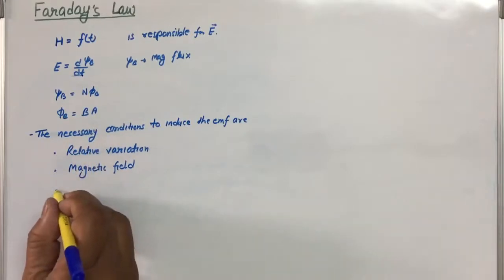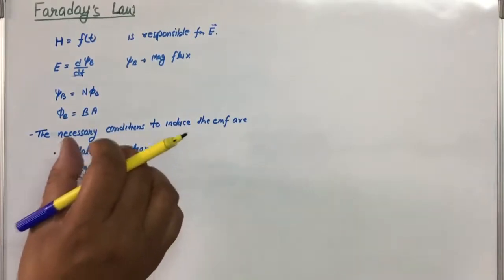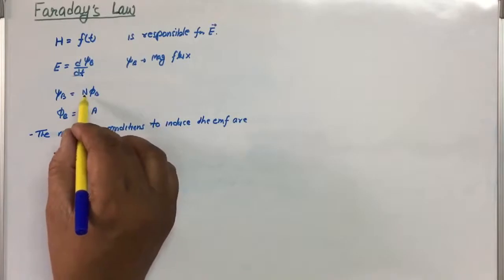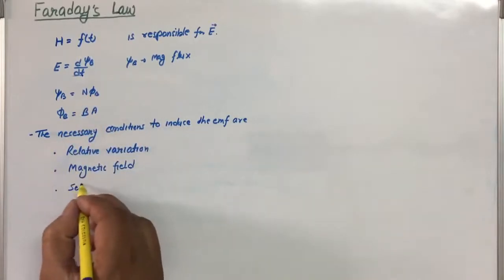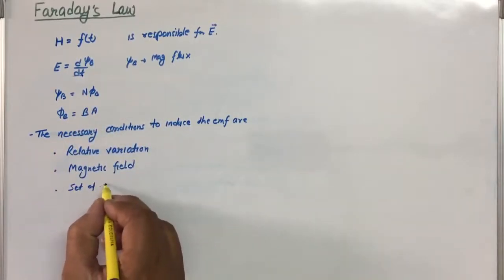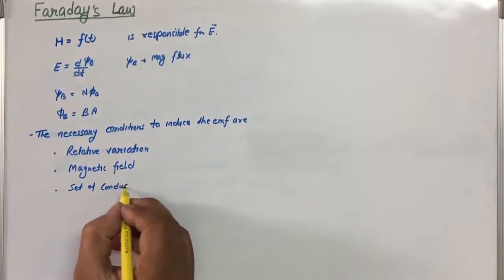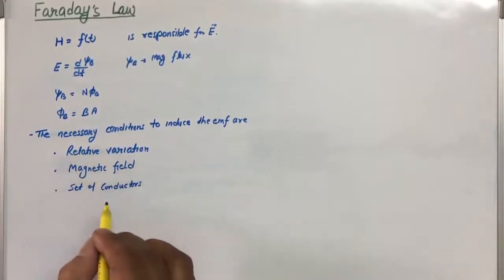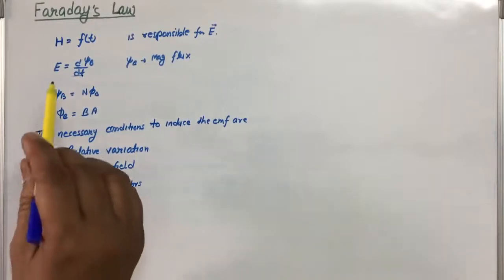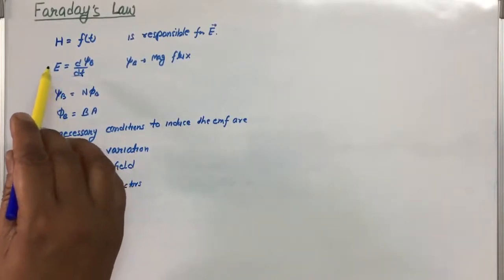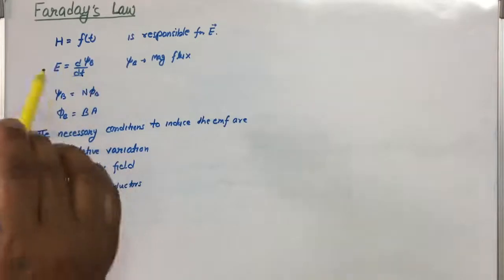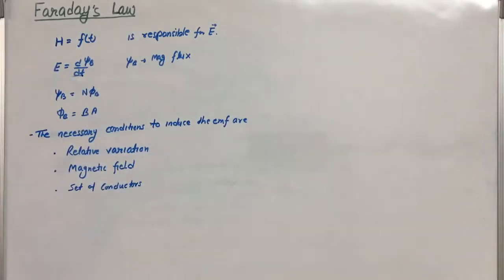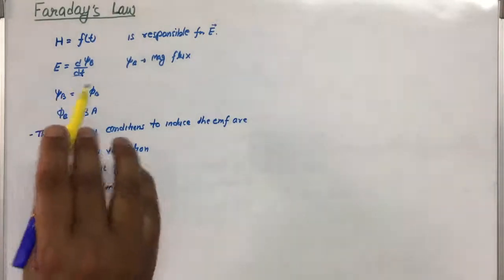And the third important thing is that a set of conductors is required. So these three conditions should be met, then we can say EMF can be produced, and that is related to the magnetic field. So these three are the necessary conditions for EMF to be induced in a magnetic field.